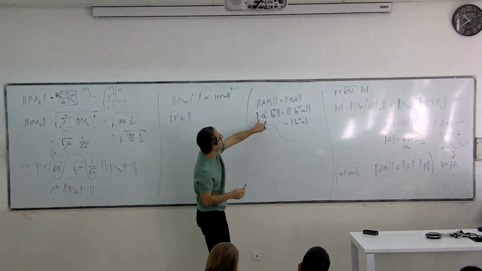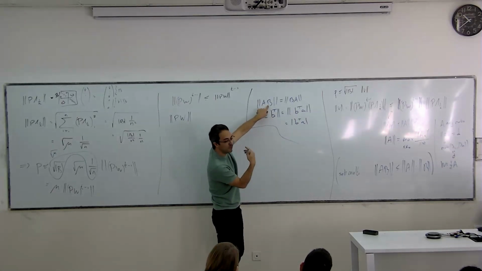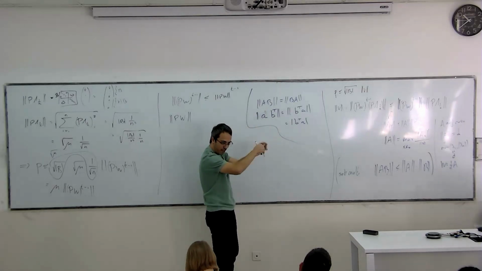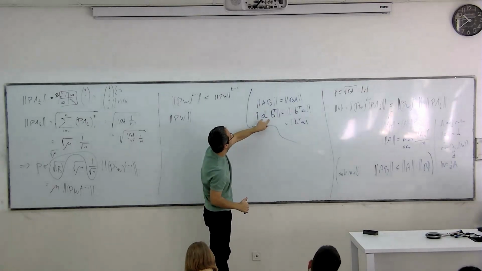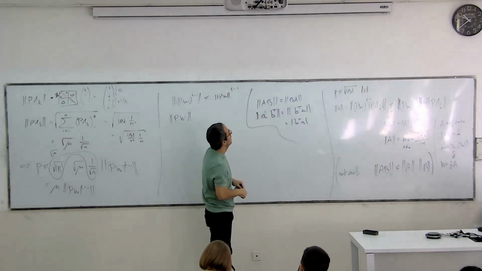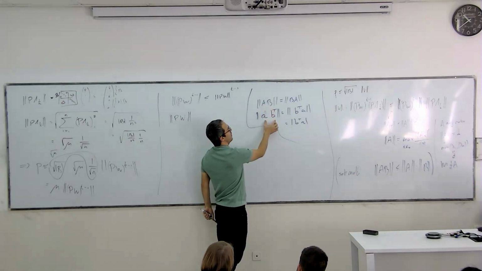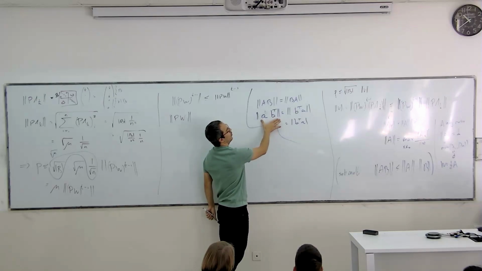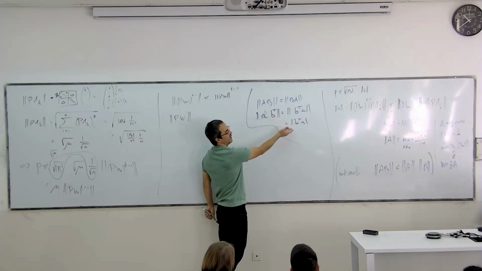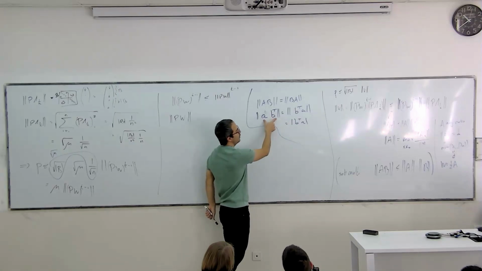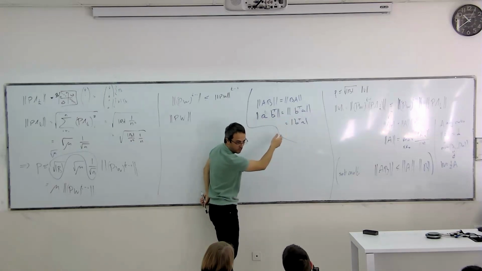So A and B don't have to be of the same dimension, as long as you can multiply in both ways. If one is n by m, the other is m by n. That gives you a nice way to compute the operator norm of rank 1 matrices easily. This is the outer product, and this is the inner product.